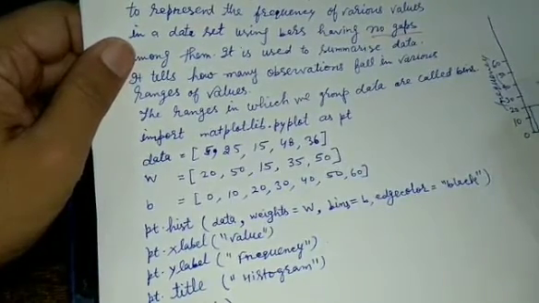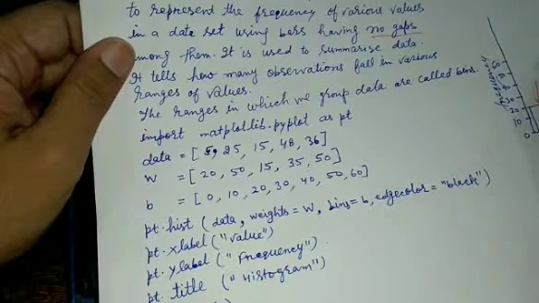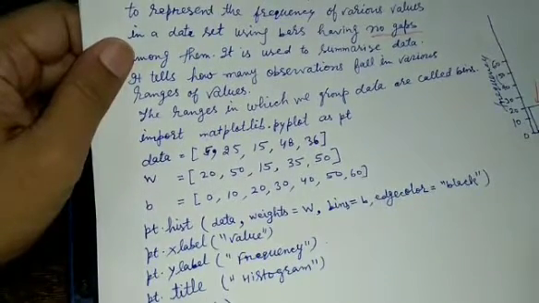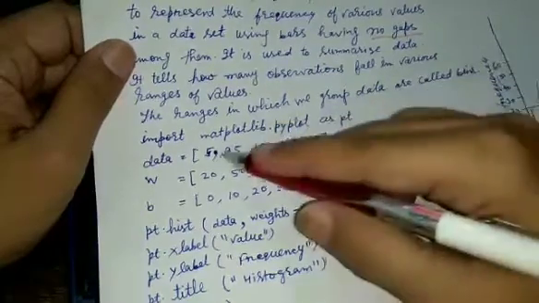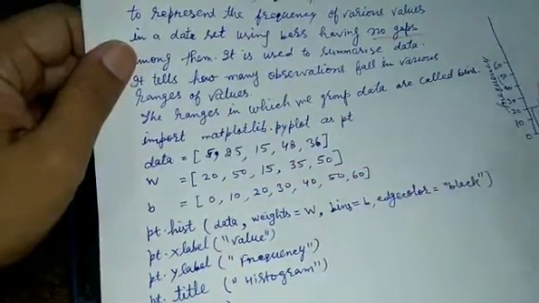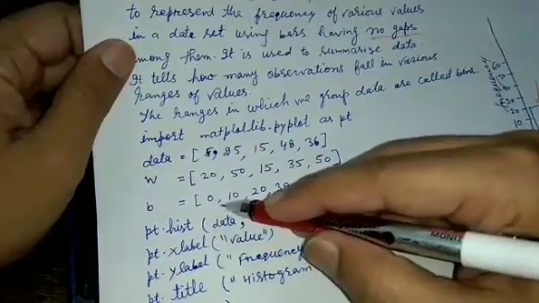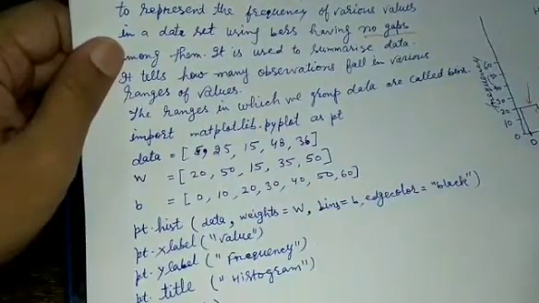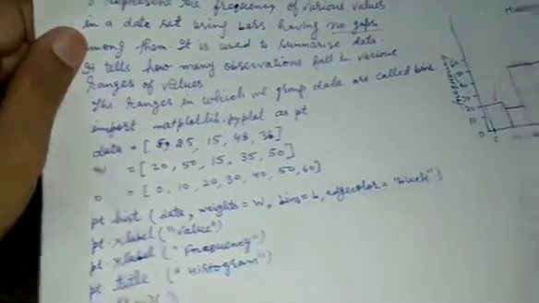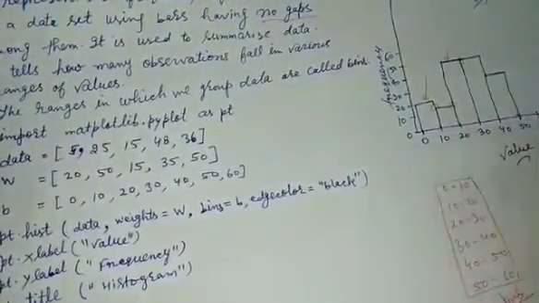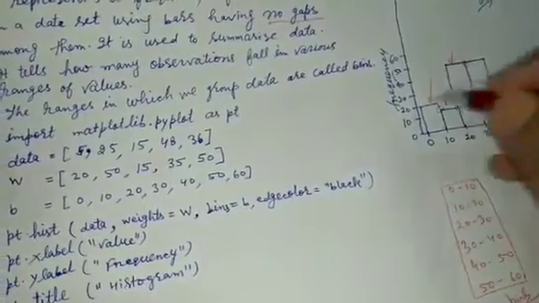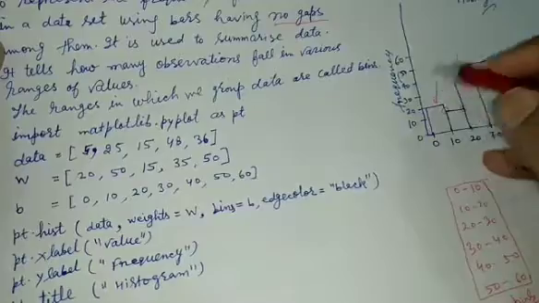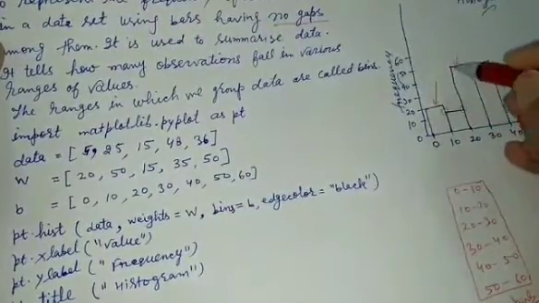Width in the histogram is this value, how much on the y-axis you want to go. And this data is the value on the x-axis. And bins are only used to divide the x-axis equally into groups. So this is bins, this is the value of the y-axis, and this is width.